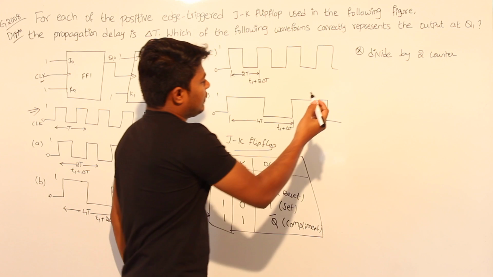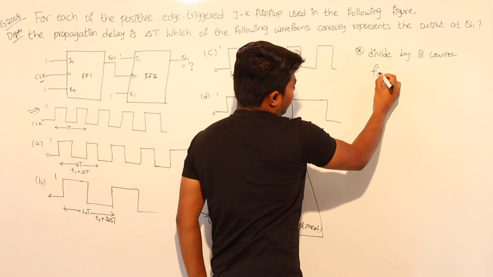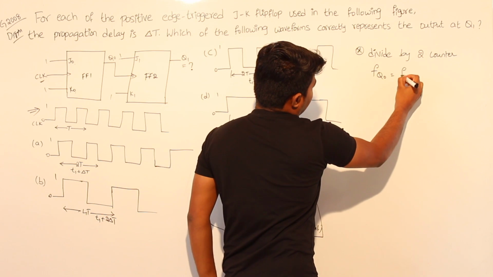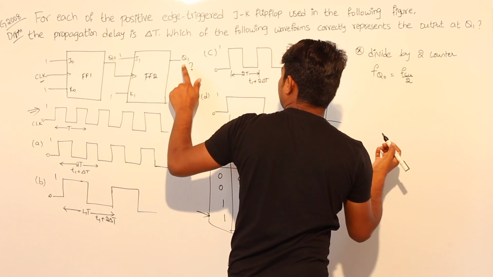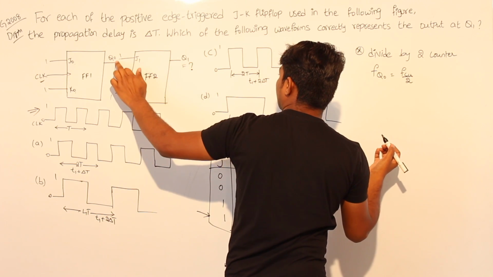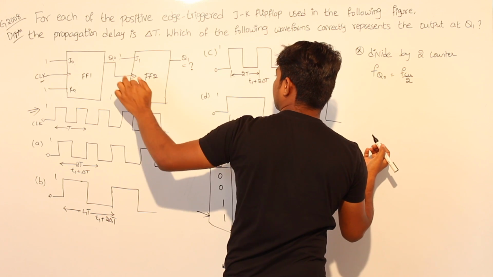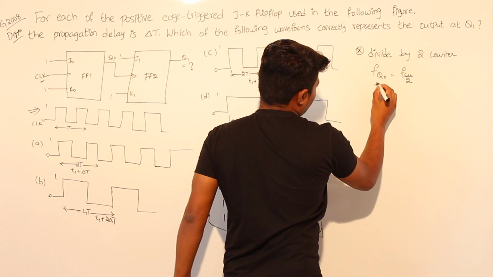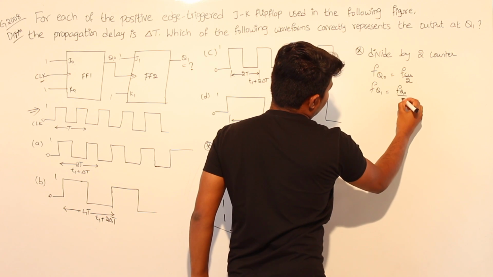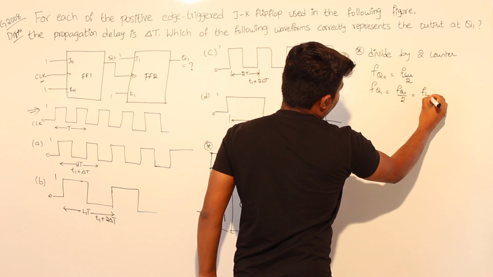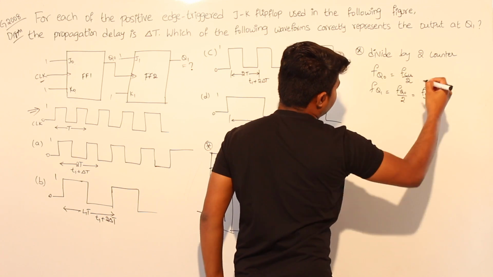So frequency at Q0 equals f clock divided by 2. Similarly, frequency at Q1 equals f Q0 divided by 2, because Q0 is the input clock for Q1. So f Q1 equals f Q0 by 2, that implies f clock by 4.